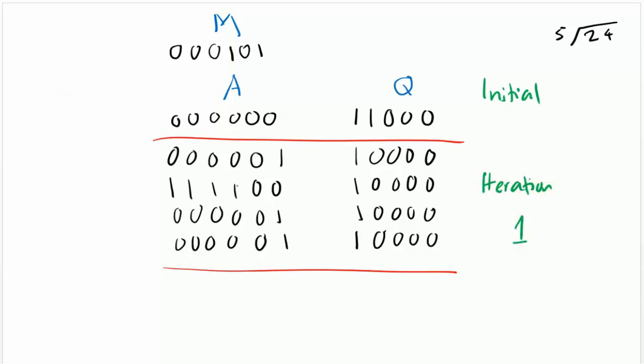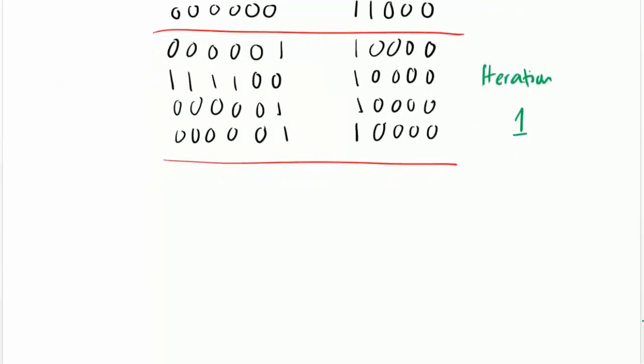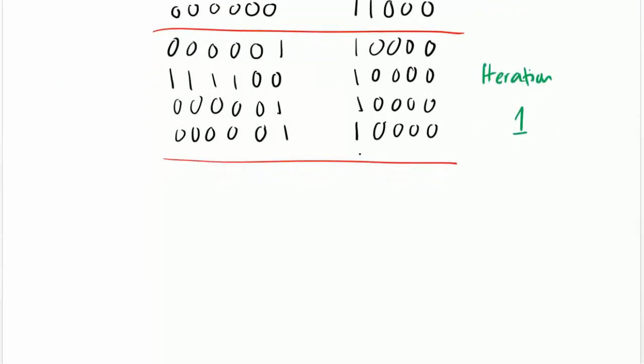Iteration 2. Shift first. Now both the 1 bits will go to the LSB of A. So A is getting a 3. Q become all 0.